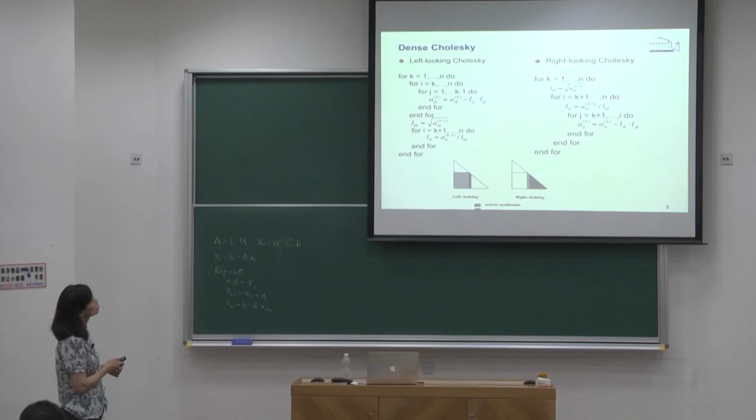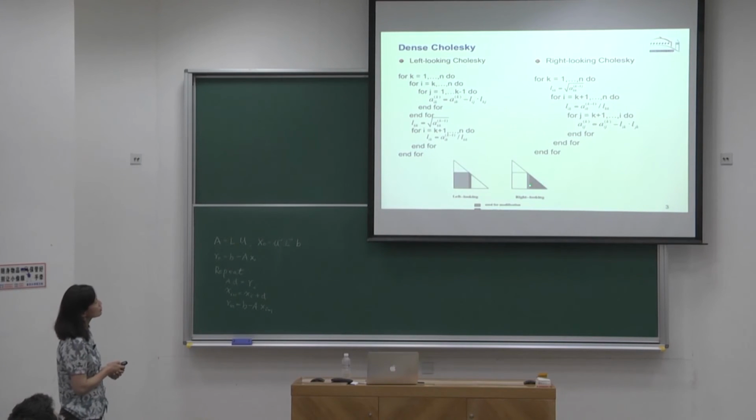It's a dense matrix, so the lower part is entirely dense. Left looking just means right now I'm working on the kth column, and everything on the left is already eliminated and finished. So I can use all the finished stuff to update my destination column here.